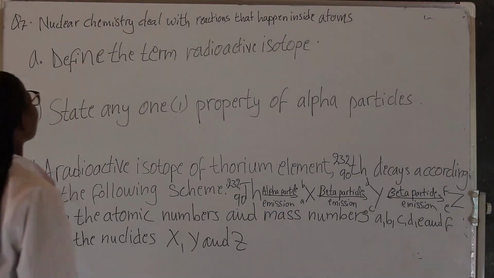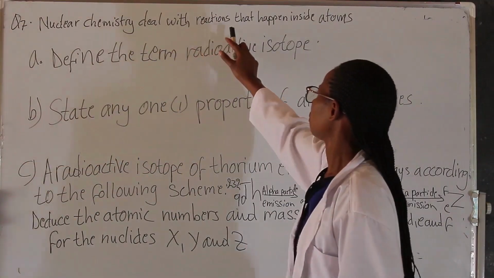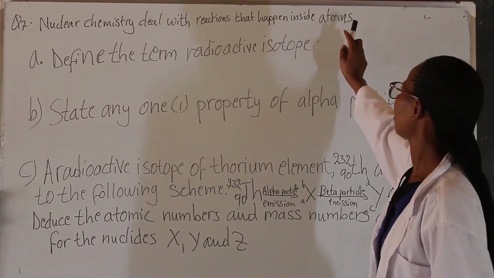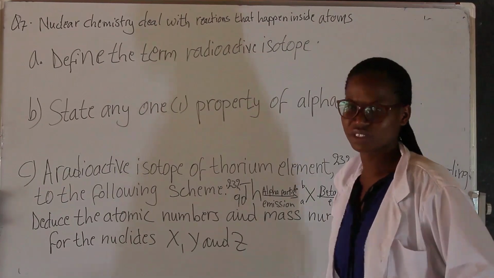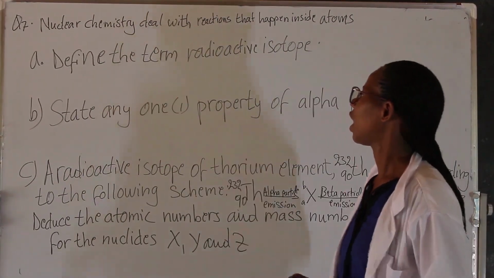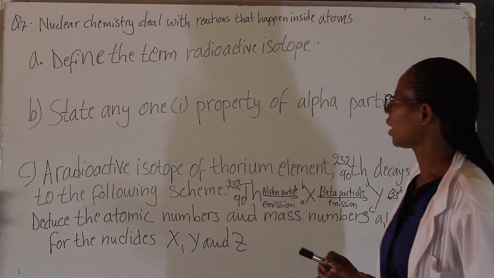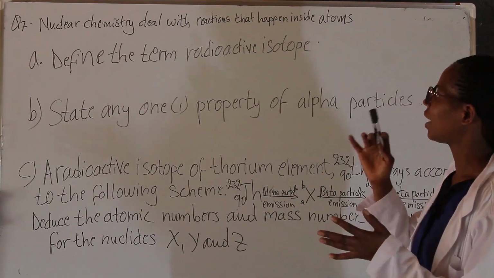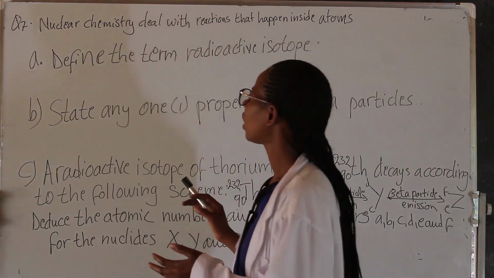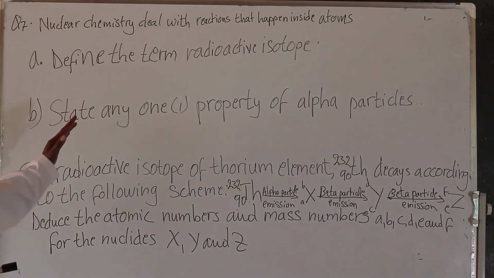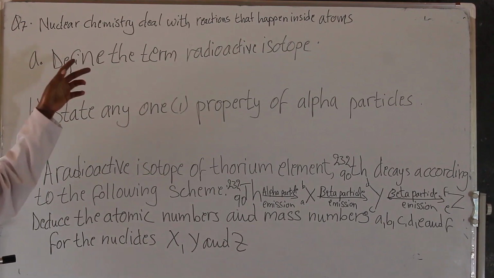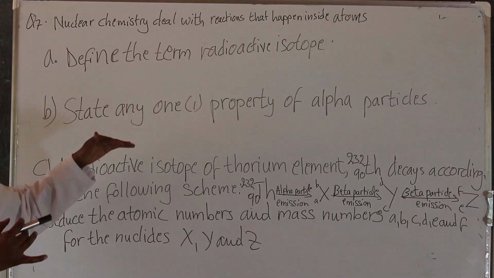Number 7. Nuclear chemistry deals with reactions that happen inside atoms. Define the term radioactive isotope. A radioactive isotope is an unstable nucleus which can decay, and after decaying, it emits radiation.